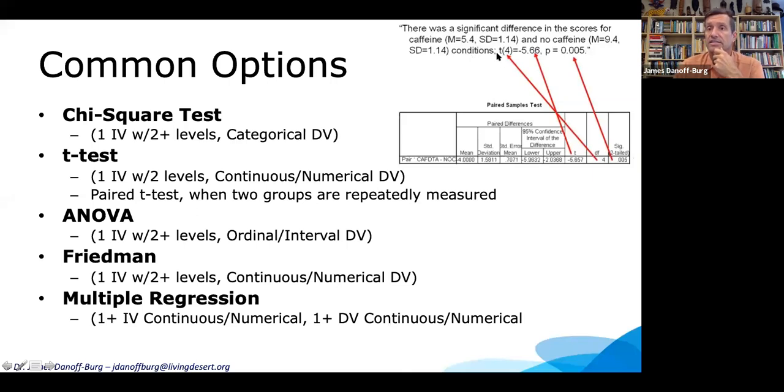And it was a t-test that we see here. And we can see that it was a paired samples test because that's how it was. It tells us that. And this is the value for that t-value of 5.66. So they rounded up from 5.657 with the degrees of freedom of 4, meaning that there were probably 5 different groups that they were comparing one to the next. And then the significance of this was p equal to 0.005.